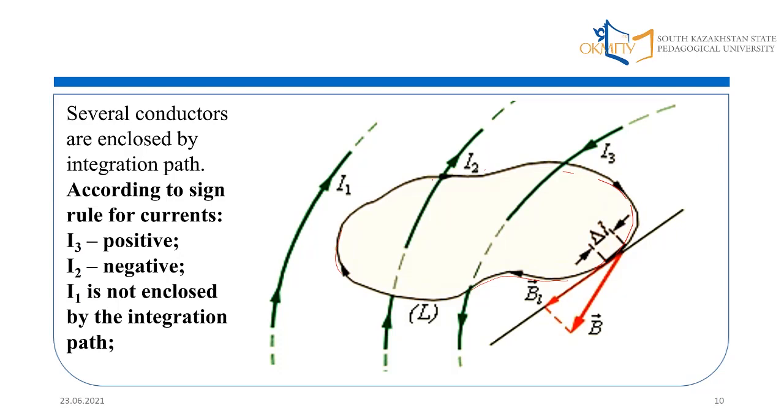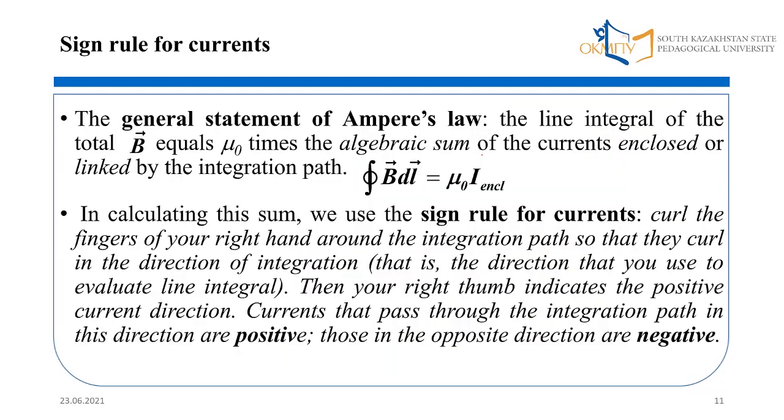So according to the sign rule for currents, here I3 is positive, I2 is negative, and I1 is not enclosed by this integration path. How do we find the sign for the currents which are bounded by the integration path?